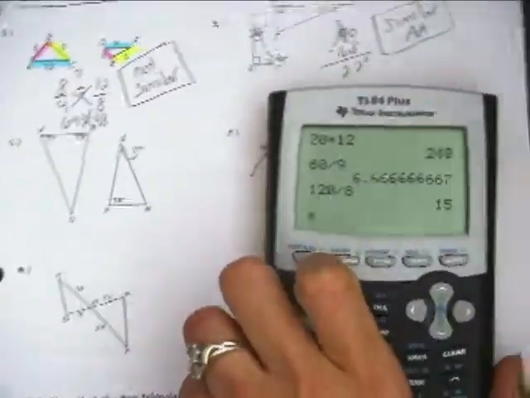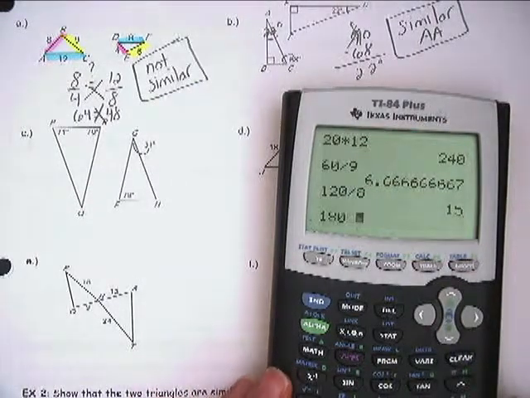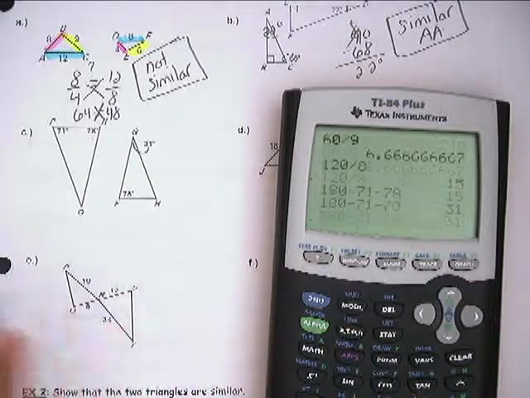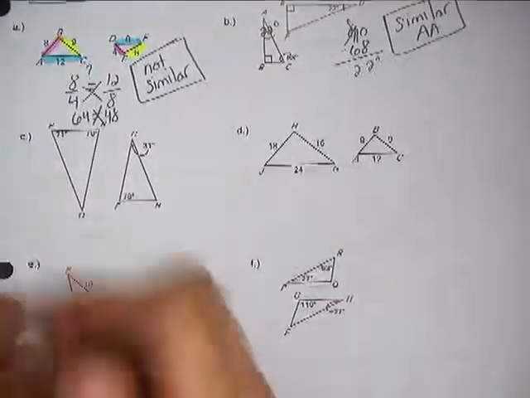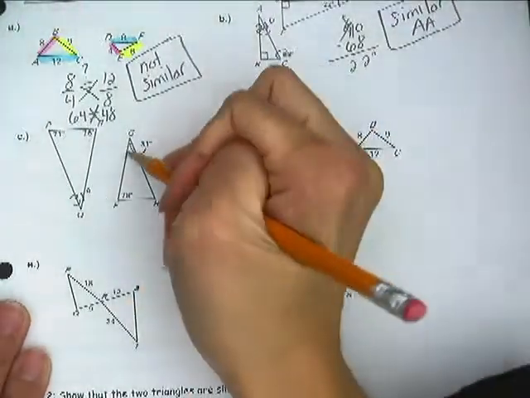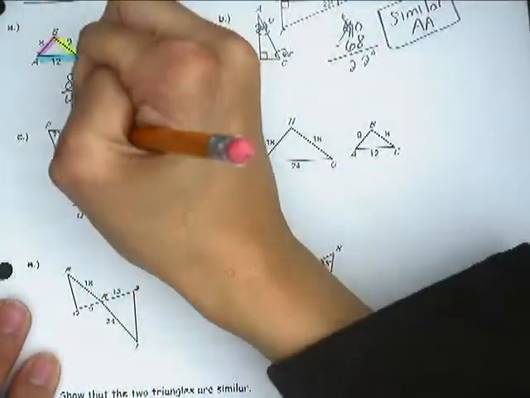Next one, on C. Again, we have 2 angles given and they don't match up, but maybe these thirds can match one of these guys. So let's see, I'm going to take 180 degrees because I know that's how much 3 angles add up to in a triangle. And I'm going to subtract 78 and 71 degrees from that.